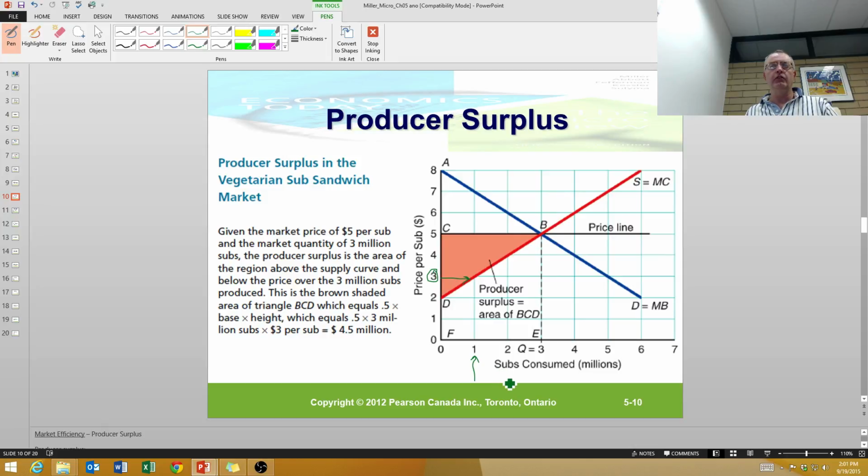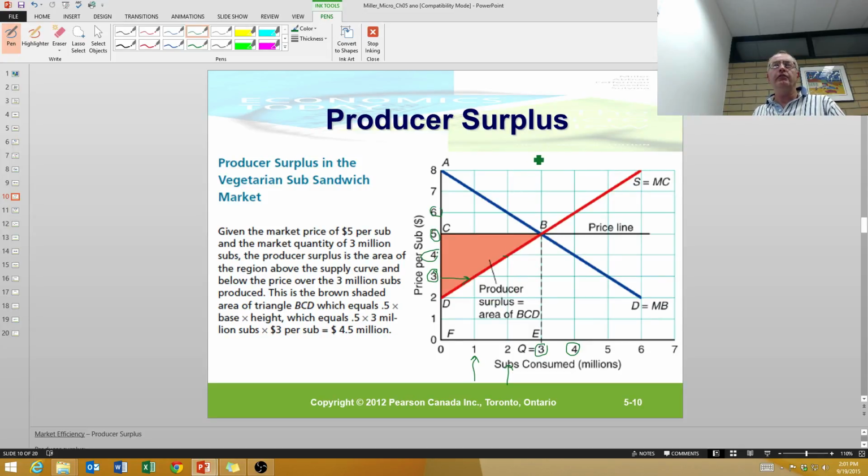And if you want me to supply an additional unit, I'm going to have to get paid $4. And if the market really wants 3 units, they're going to have to cough up $5. And if the market wants 4 units, they'll have to cough up 6. So that's simply the direct relationship between price and quantity.